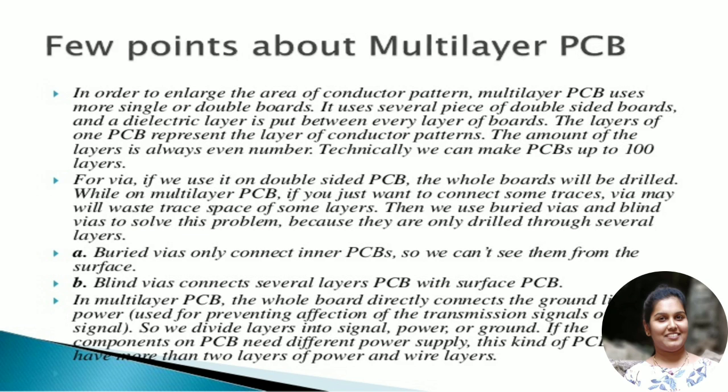If the components of the PCB need different power lines, this kind of PCB has more than 2 layers of power and ground lines. So if you choose to have separate layers for power, separate layers for signal and separate layers for grounding, then a multi-layer PCB can be used.